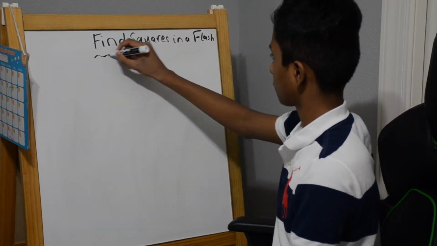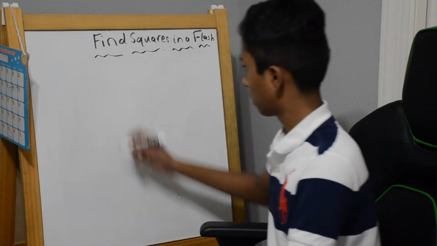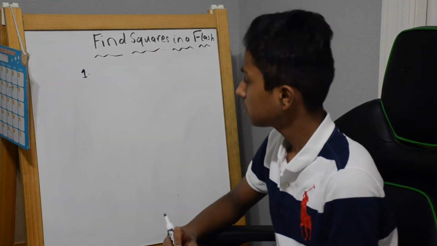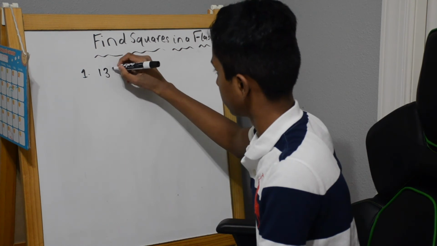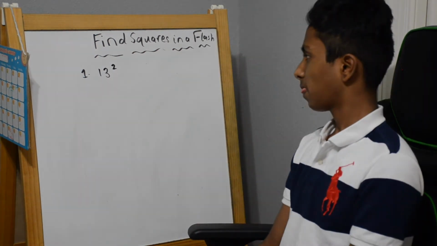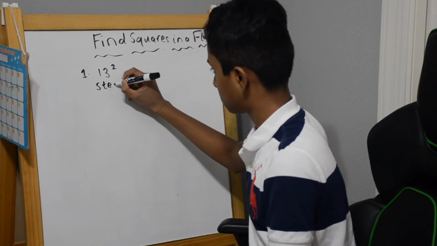In this trick, I'm just going to be covering 2-digit numbers, and then later 3 and 4-digit numbers. So the first example I'm going to take: let's say I had 13 squared, and I wanted to find out what is the square of this number. The way you need to solve this is follow the steps.